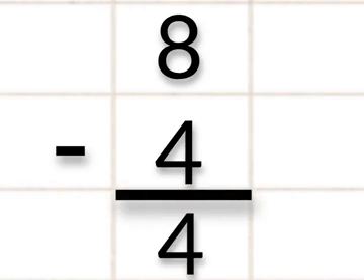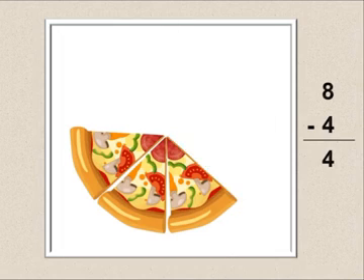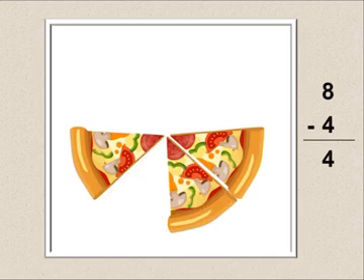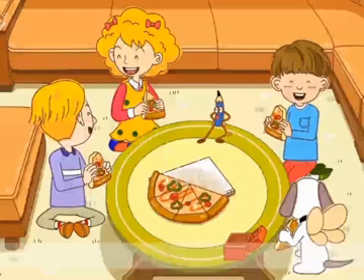The symbol that we use for subtraction is minus. 8 minus 4 is equal to 4. Let's check the answer with the help of the picture. 1, 2, 3, 4. 4 slices are still left.